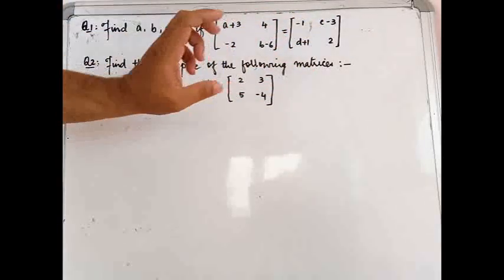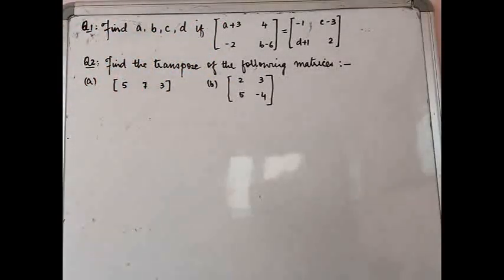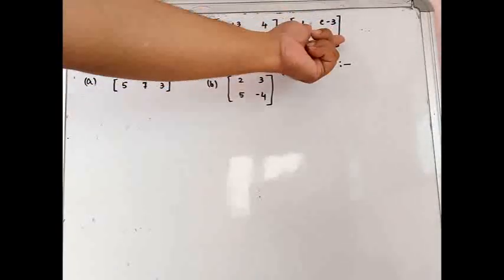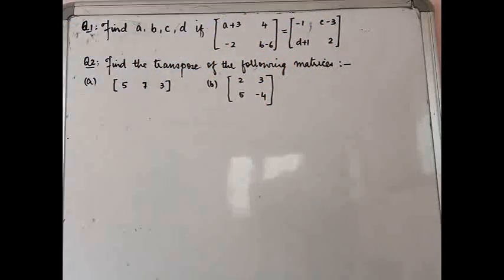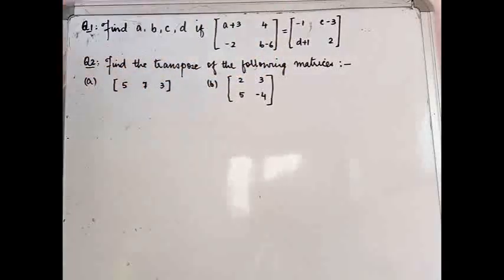Okay, so if you remember the first lecture, we had discussed equal matrices. Two matrices will be called equal if their individual elements are equal and their order obviously has to be the same. So if you see, these two matrices are of the order 2 by 2 and 2 by 2, 2 rows 2 columns. Okay, so they have already given that these two matrices are equal.